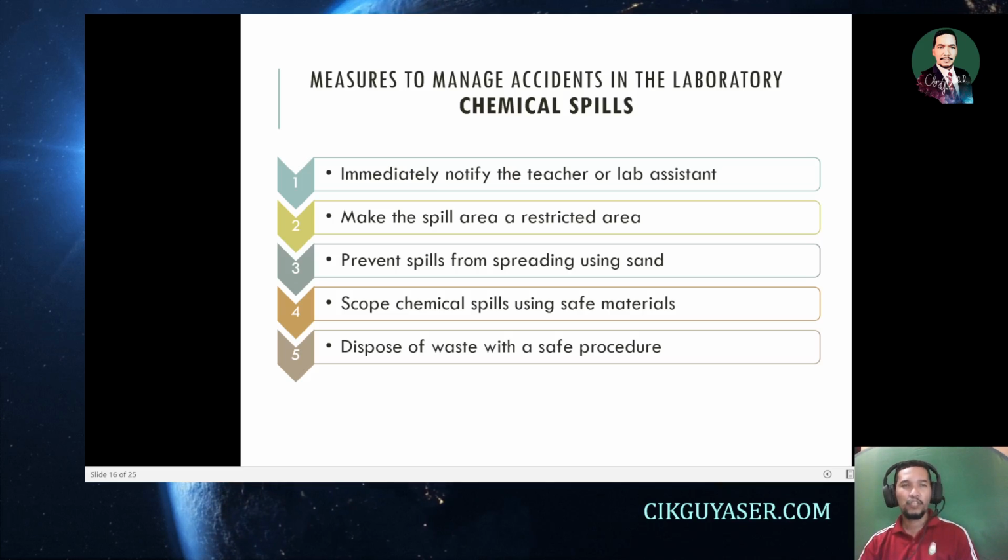Number 3, we prevent the spill from spreading using sand, by creating a divider. Number 4, we scoop the chemical using safe material. After that, we dispose of the waste with a safe procedure.